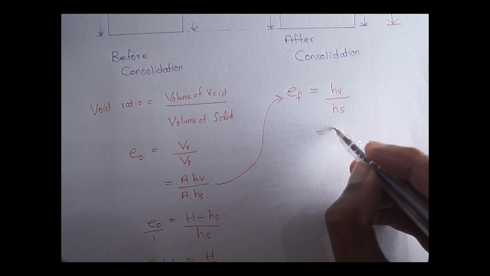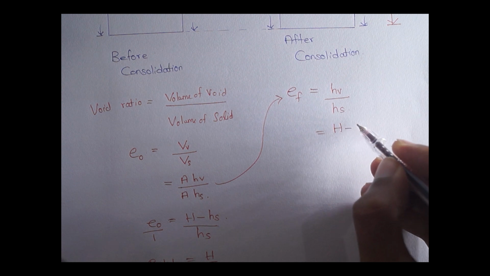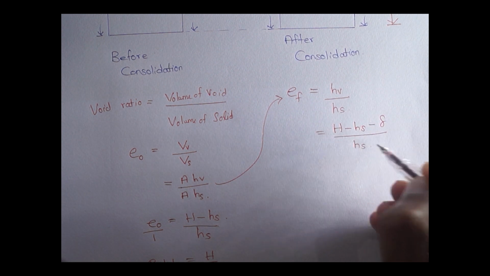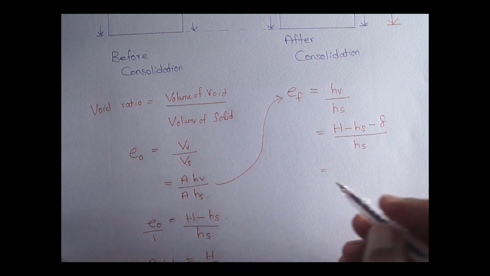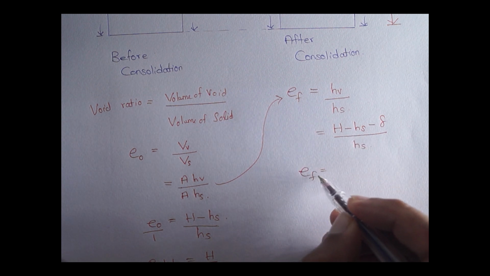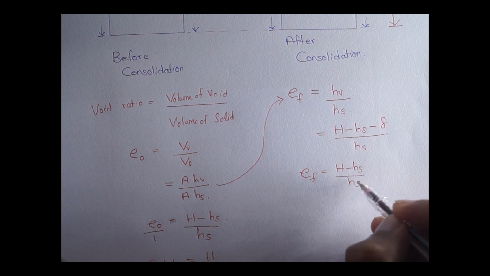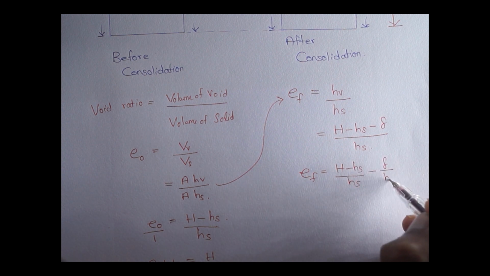So EF is equal to capital H minus HS minus delta over HS. I am dividing these portions separately, so EF is equal to H minus HS over HS, minus delta over HS.